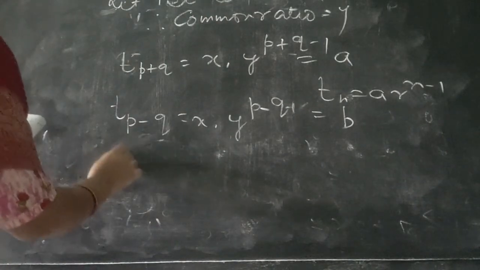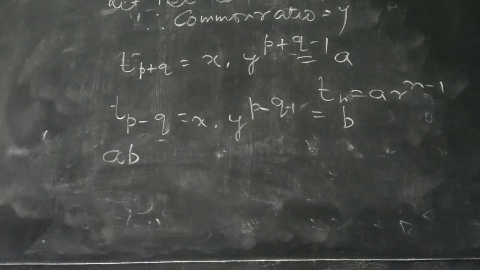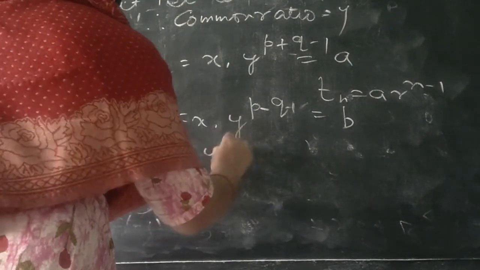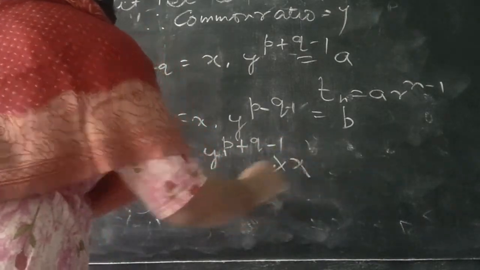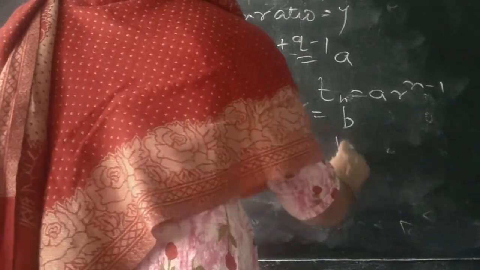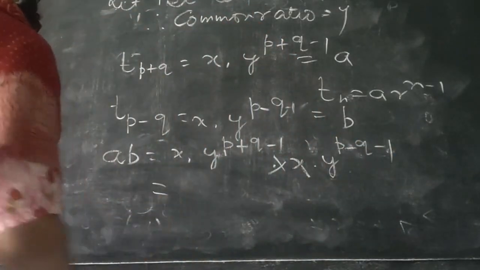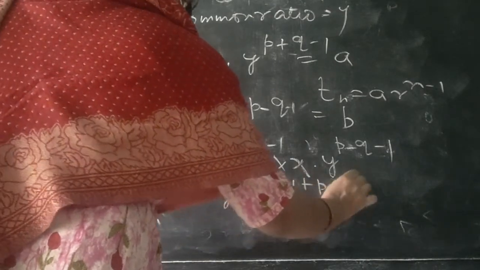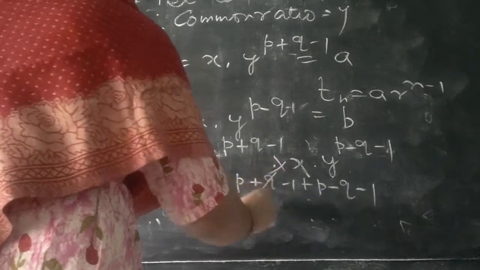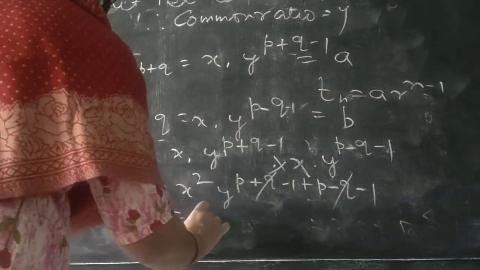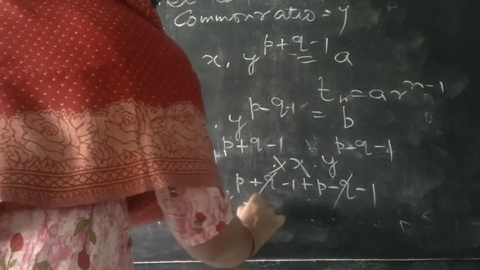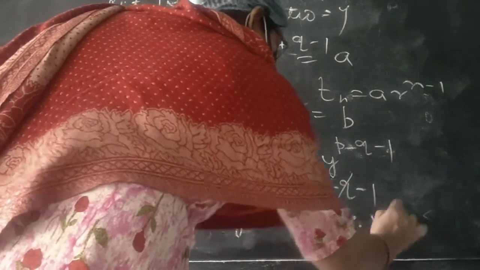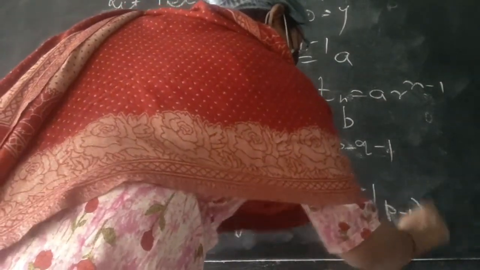It is given. So if I multiply a into b, then I will get x y to the power p plus q minus 1 into x y to the power p minus q minus 1. That is x squared y to the power p plus q minus 1 plus p minus q minus 1. So this cancels out, equal to x squared y to the power 2 into p minus 1. This can be written as x y to the power p minus 1, whole squared.